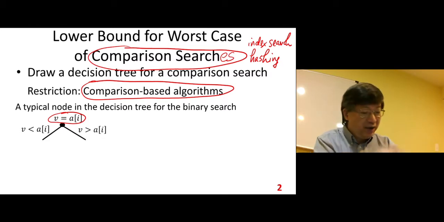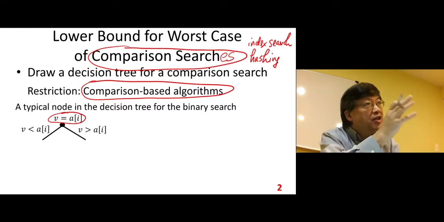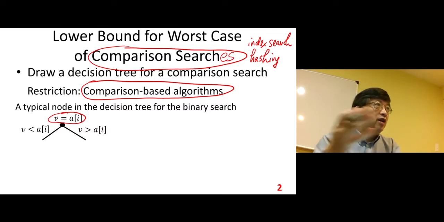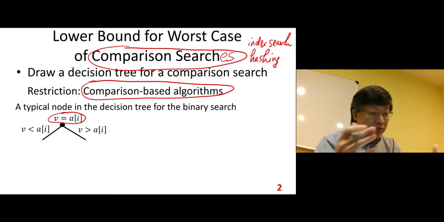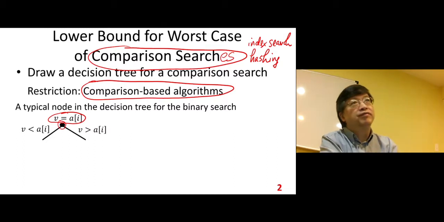So here you can see the node already contains one decision. The node itself has an outcome. So different from the sort, where the internal node does not have any outcome. But for the comparison search, the node itself contains an outcome, an equal type outcome.